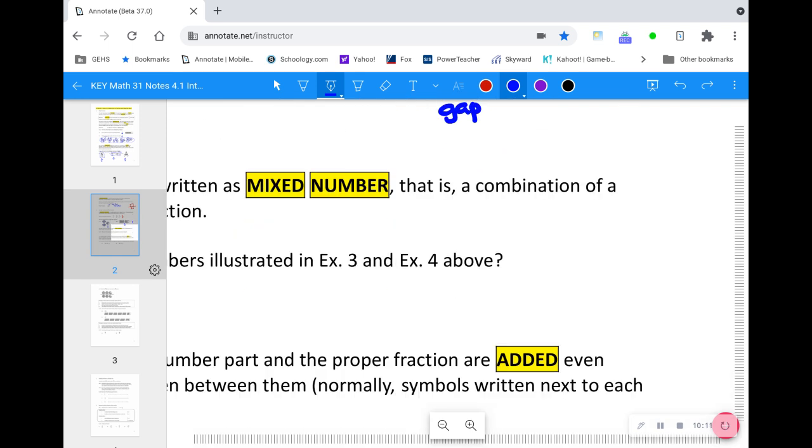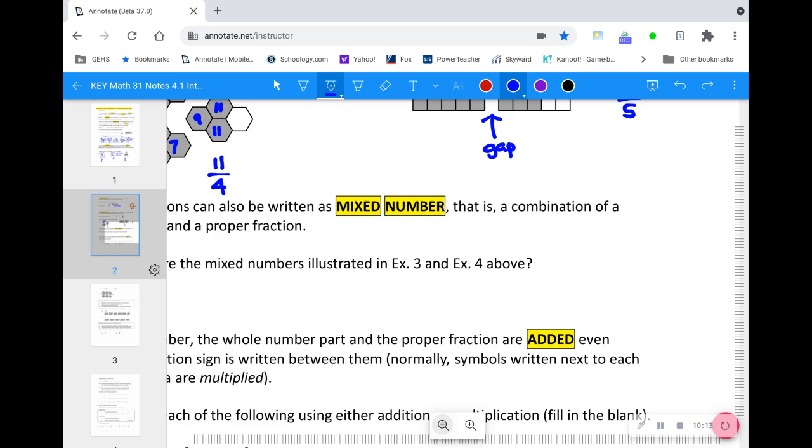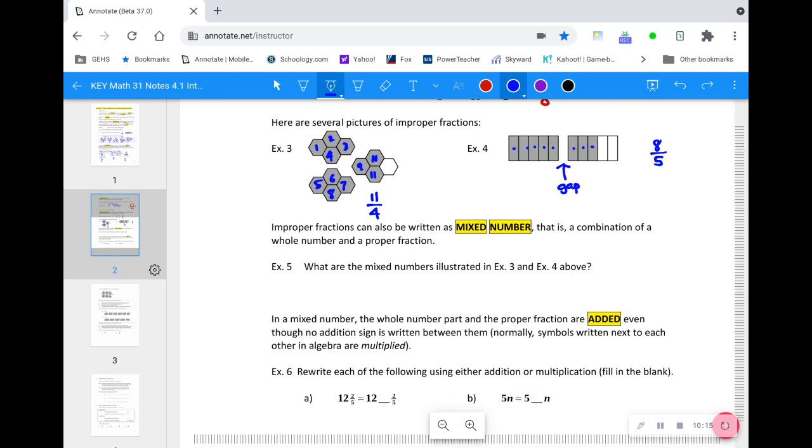Okay, moving on to the idea of a mixed number. These ideas are related to each other. Improper fractions can always be rewritten in a different format called a mixed number format. And a mixed number format is a combination of a whole number and, in this case, we're adding a proper fraction put together.